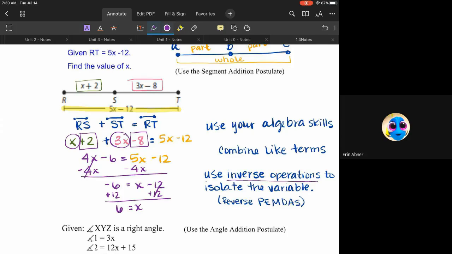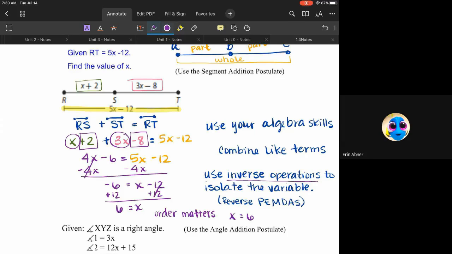Well, we know that 6 is not an x. So in this case, order does matter. It reads like a sentence. So I needed to say x is equal to 6.